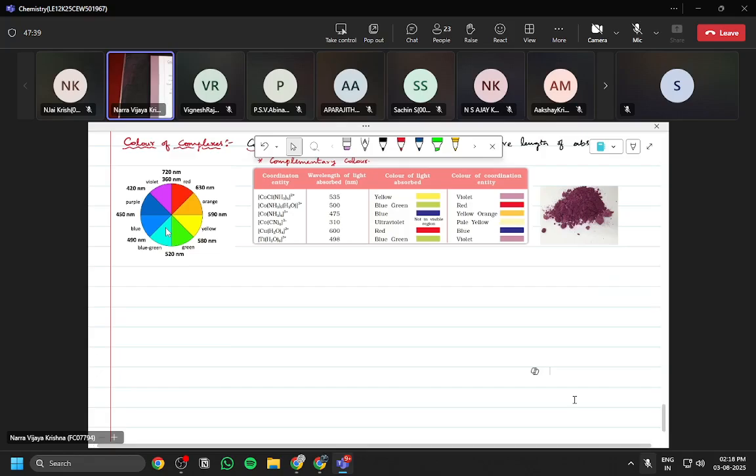Hey, not red. You all have color blindness then. How come it is red? See from there, maroon color.